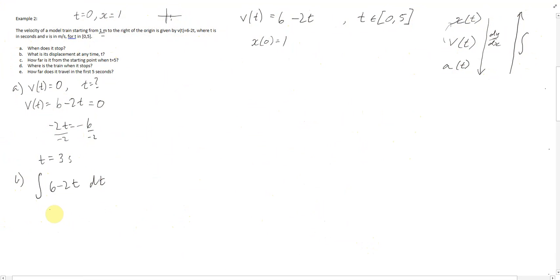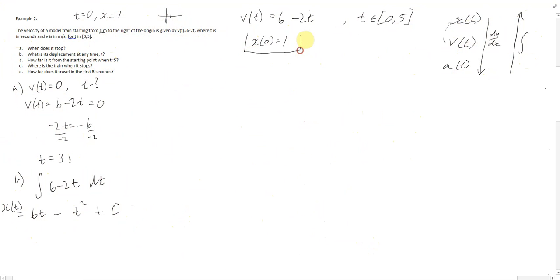So that will give us 6, so that's just a 6t. Here we've got a t to the 1, so it'll become minus t to the 2. And to get 2 from that, it's just a 1. So we're done. Well, not quite. We need to add in our constant term. Now, remember, this is of course our displacement now. To figure out our constant term, we need to use our extra piece of information.